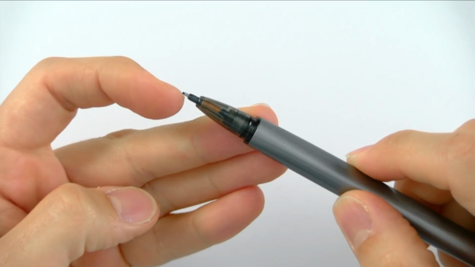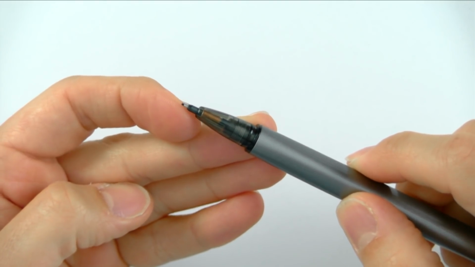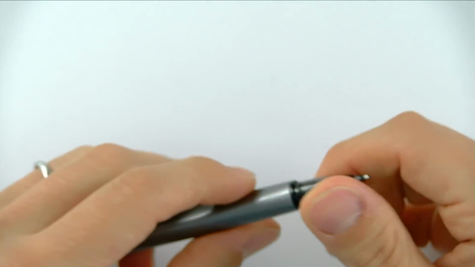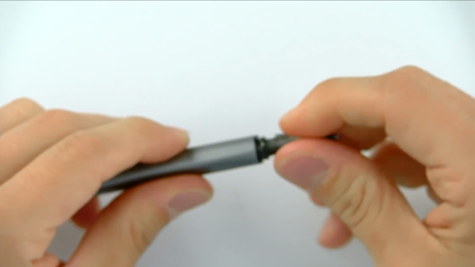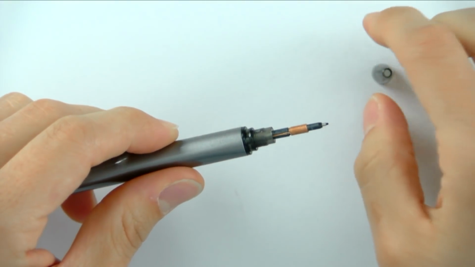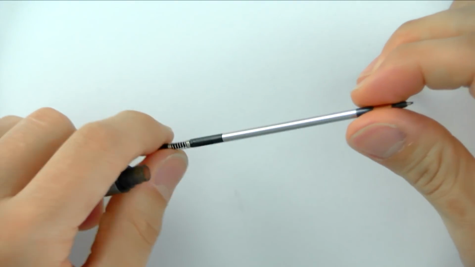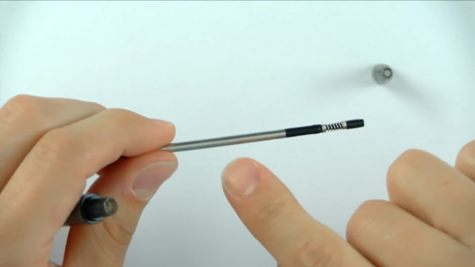It has the tip with the little metal shroud, and then it has like a little plastic buffer. And then you see it looks like the ink container. And what's more, they went a step further. And they didn't just make it look like a pen on the outside, they made it look like a pen on the inside. This looks like a pen ink refill. And on here you'll see different badging.